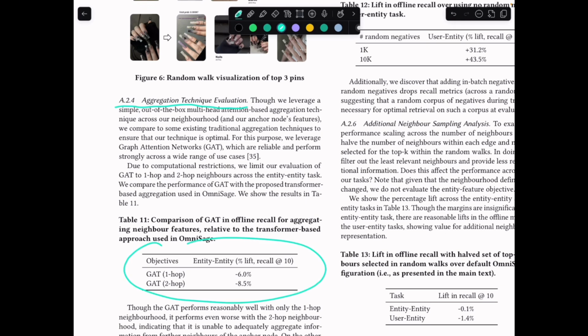There is a performance drop when they replace their original transformer-based approach with the graph neural network. That also makes sense because transformer is a much more complex architecture compared to GAT. And I think this is the main innovation of this paper: not using GAT to process the graph neighbors, but rather packaging the graph neighbors as a sequence and using a transformer encoder as aggregation instead of a graph neural network.